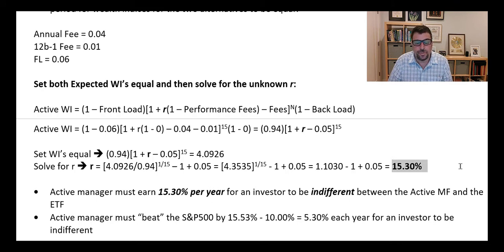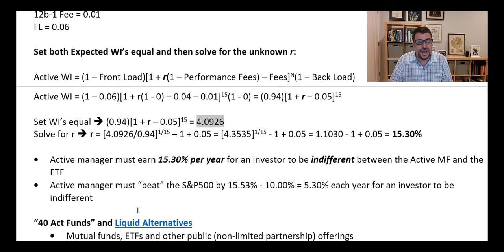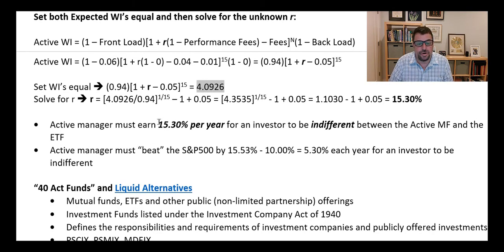And the way I interpret that 15.30 is that if I plug in 15.30 here, I'm going to get exactly 4.0926, which means that the active manager must earn 15.30% per year for an investor to be indifferent between the active mutual fund and the ETF.